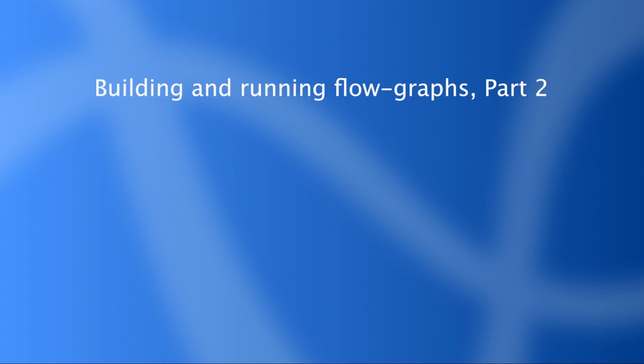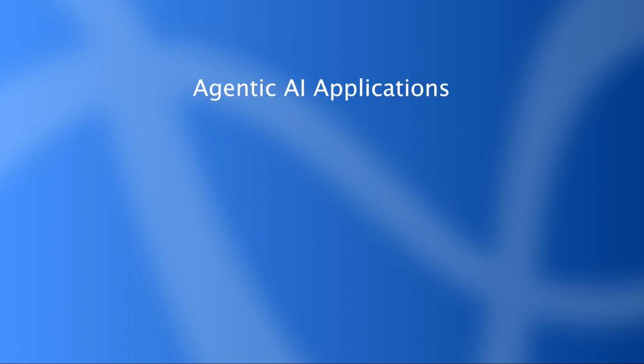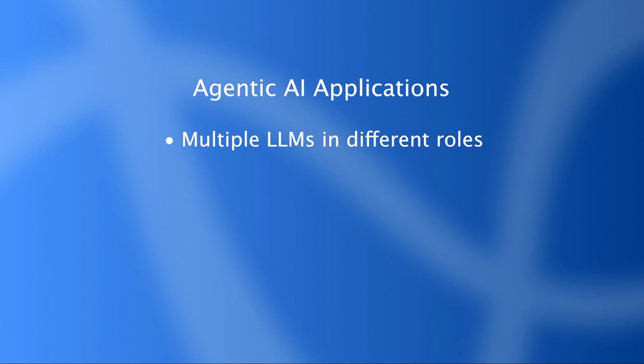In this video, we will dig more deeply into the building and running of flow graphs in HyperFlow, constructing an agentic AI application as we do so. Agentic apps typically organize multiple LLMs into a workflow where each takes on a specific role in the larger application, effectively acting as agents performing their assigned roles, hence the term agentic.